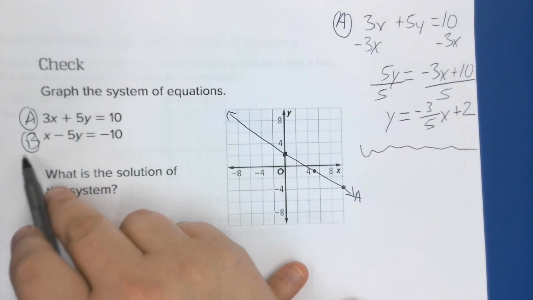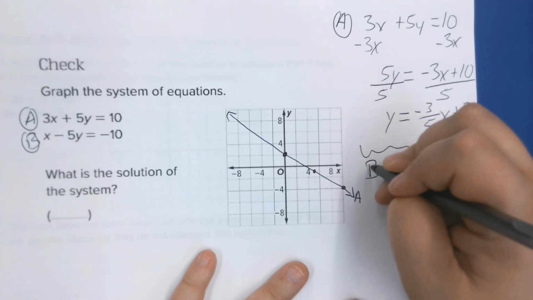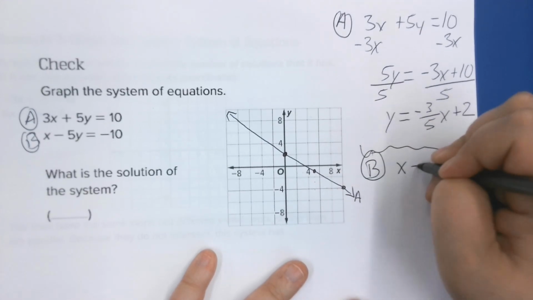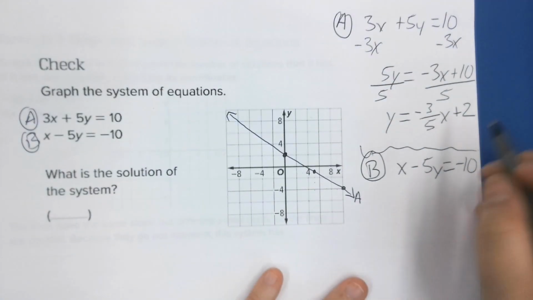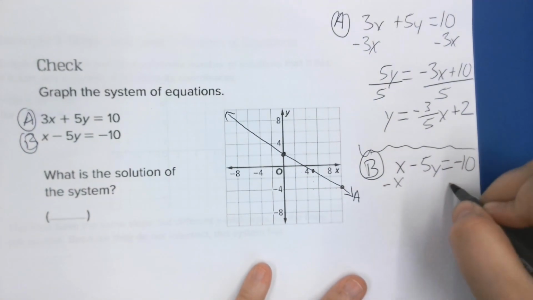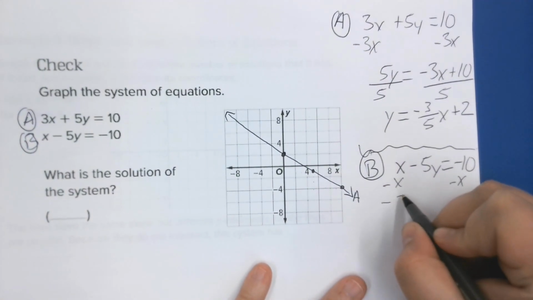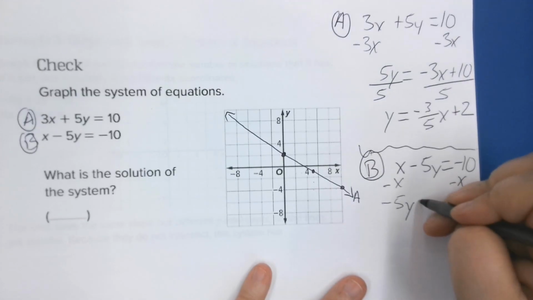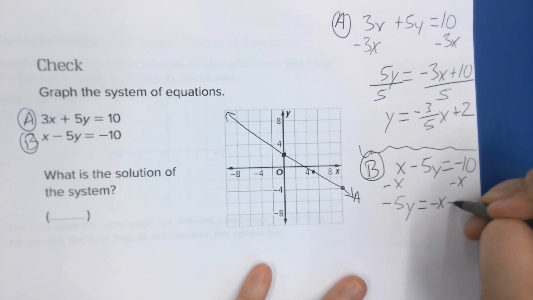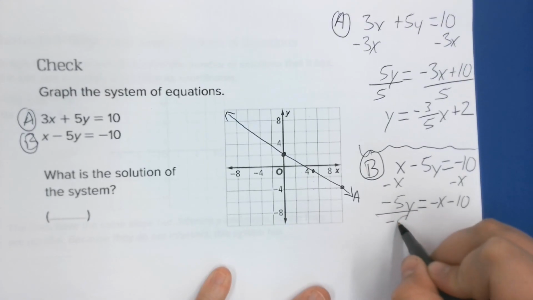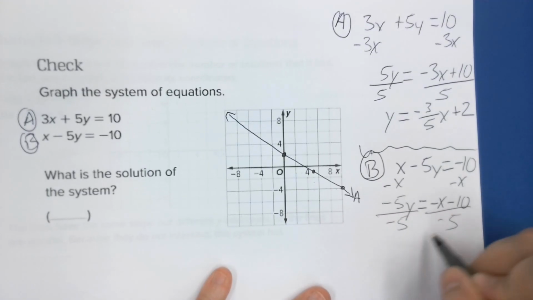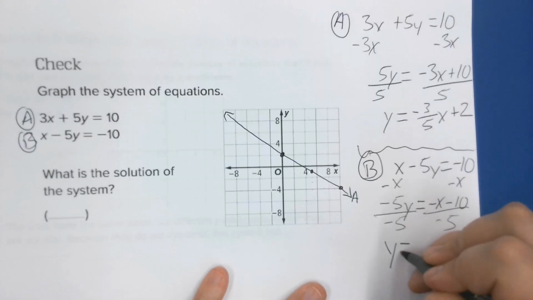Now I'm going to come back and I'm going to do B. I have x minus 5y equals -10. I'm going to first subtract x from both sides. So I have -5y equals -x minus 10. I'm going to divide by -5 on both sides so that I can get y by itself.